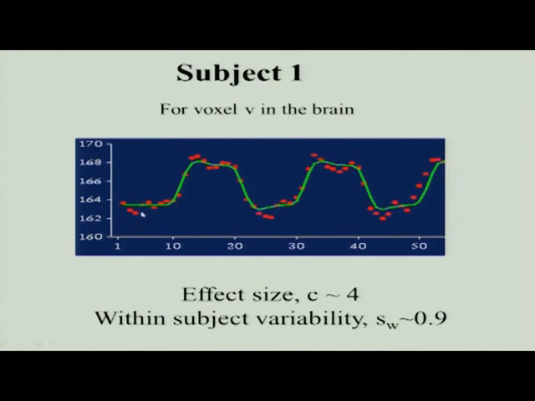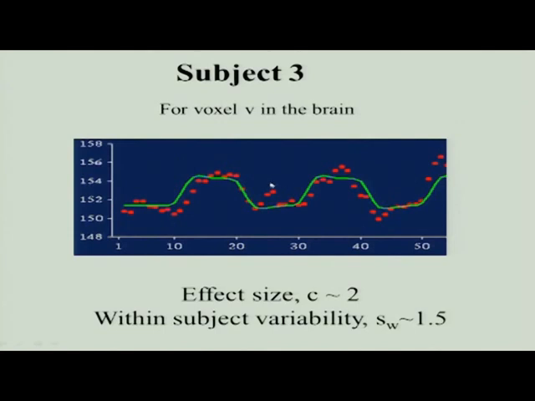If you square those and sum them all up over the whole time series, divide that sum of squared error by the number of scans, and take the square root, you end up with this within subject variability. For this particular subject, that would be, say, 0.9.